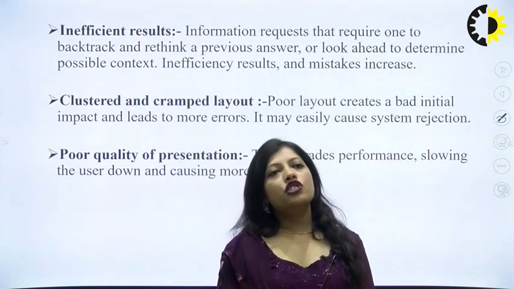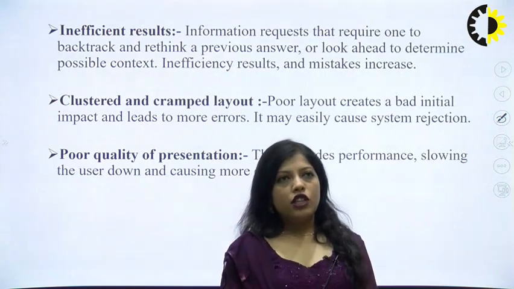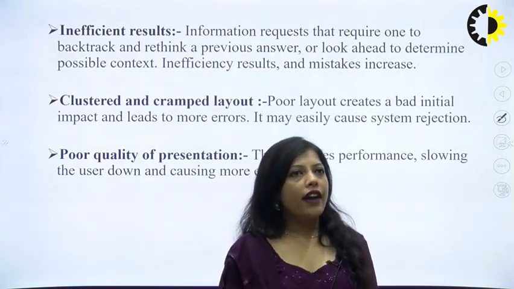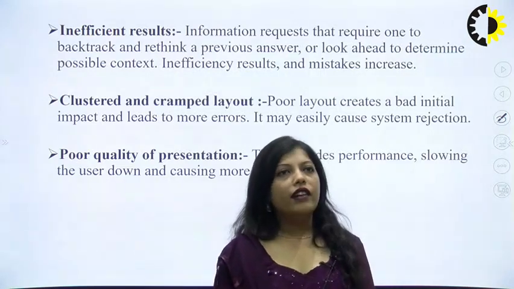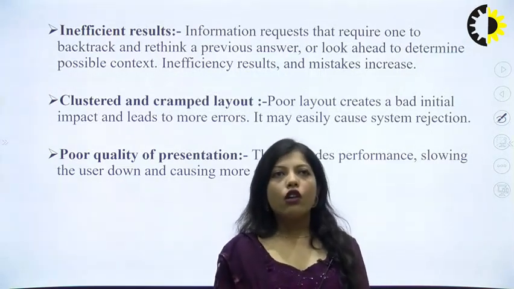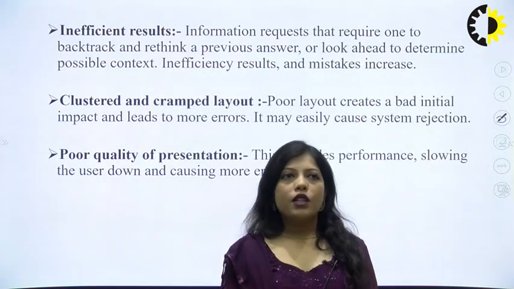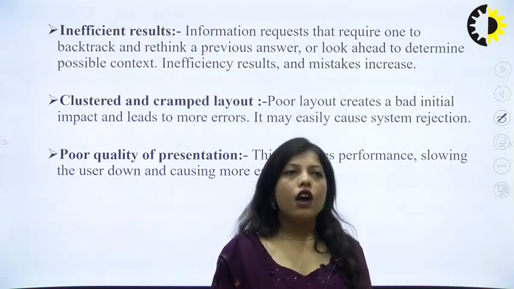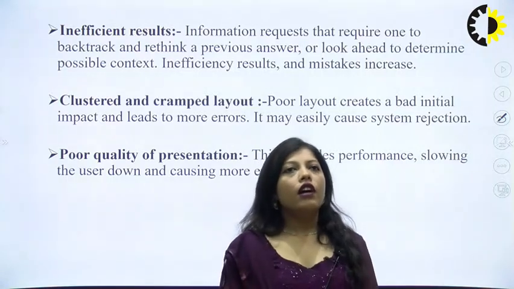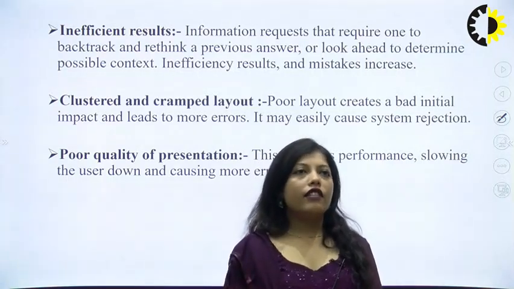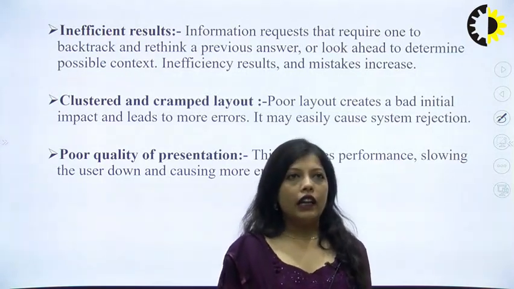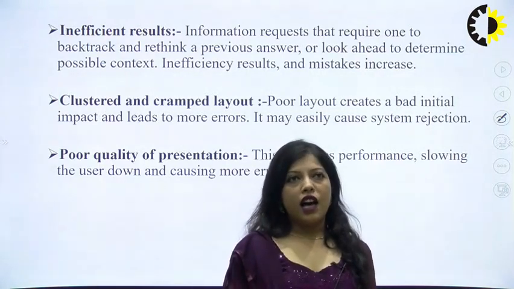Next is inefficient result. Inefficient result means information requests that require one to backtrack and rethink a previous answer or look ahead to determine possible context. Inefficiency results and mistakes increase. So in inefficient result that require one to backtrack, means the user has to reread or rethink a previous answer.